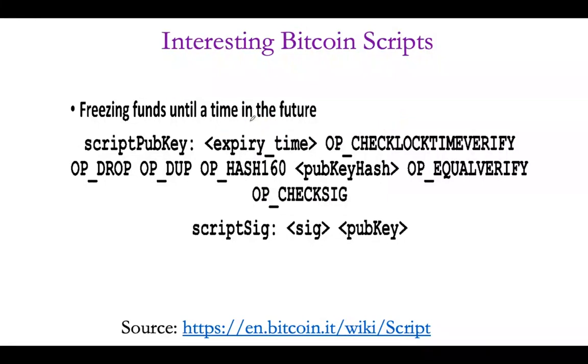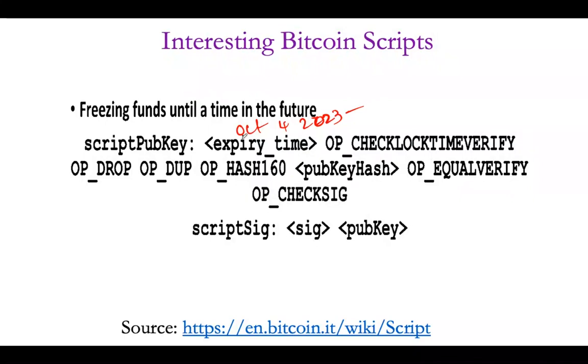Suppose the expiry time is October 4th, 2023, and if the Bitcoin is created today, it will not be available to spend. It will be frozen up to this date.